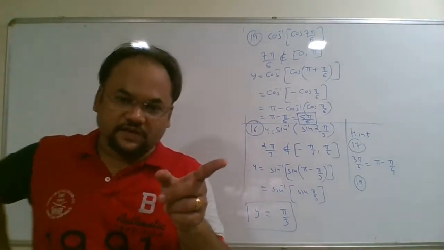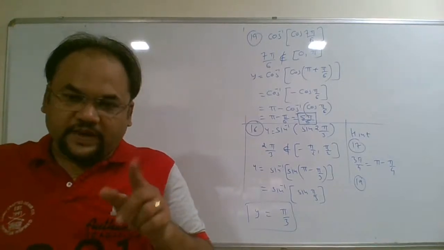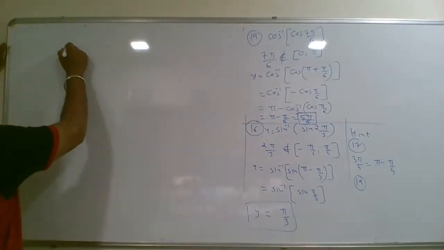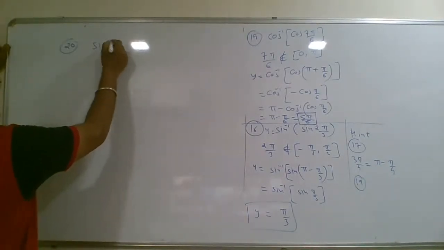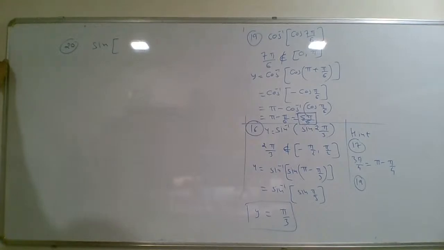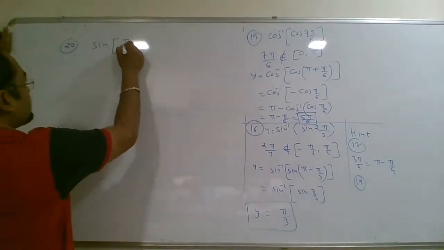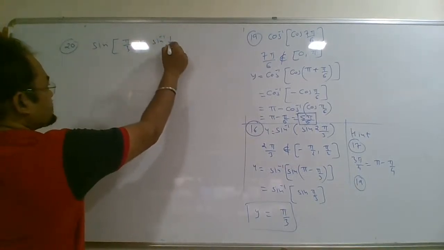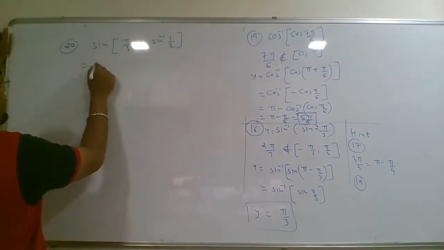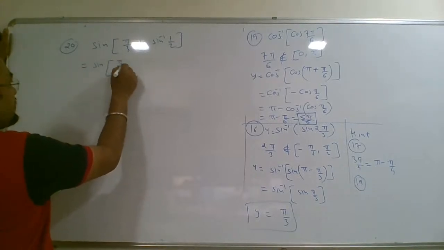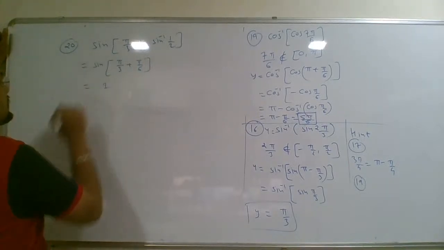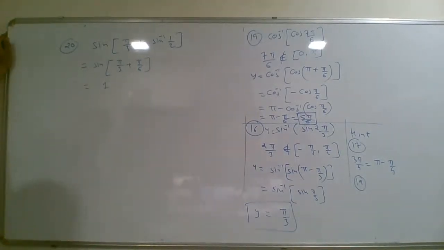Sine inverse of minus, minus goes outside, so it is plus sine inverse of. MCQ number 20 is the easiest MCQ. It is sine pi by 3, minus goes outside, plus sine inverse of. And it is sine pi by 3 plus pi by 6, sine 91. Okay.